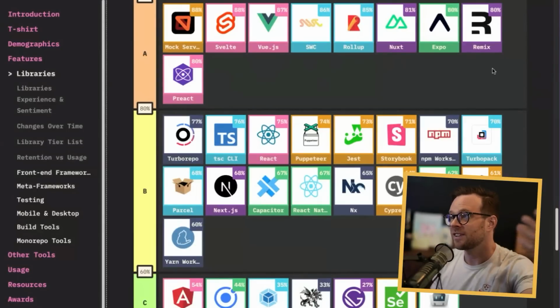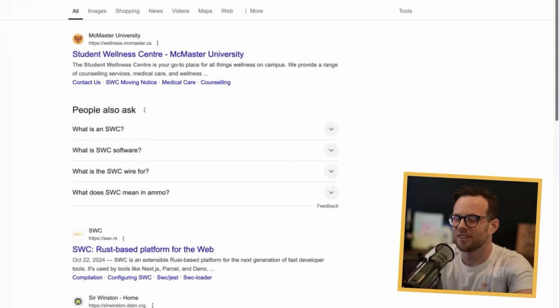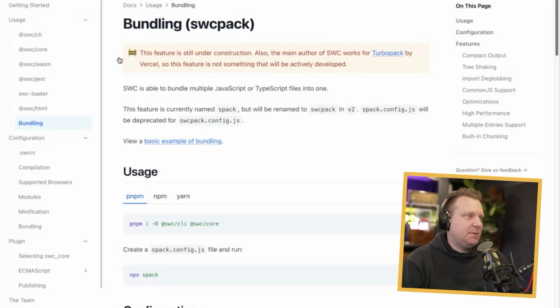Svelte, Vue.js, SWC, which is a bundler. There's SWC, SWV, all these things, I don't even know anymore. SWC is the speedy web compiler.